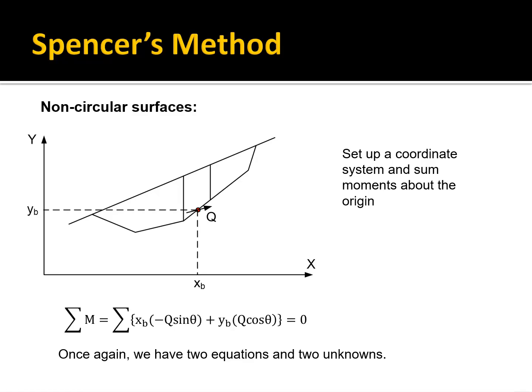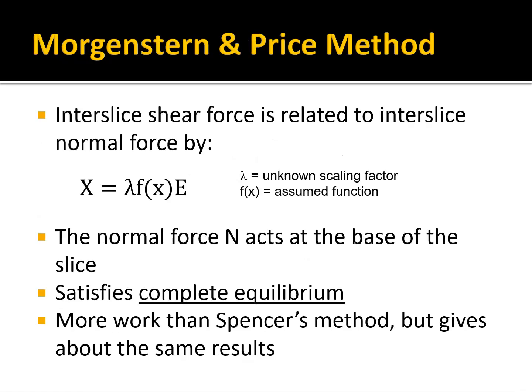Again, as I mentioned before, it works great. It's very popular. But there are other complete equilibrium procedures. There's the Morgenstern and Price method, which basically, instead of assuming that the side forces all act at the same inclination, derives a relationship between the shear force X on the side and the normal force E, which is a scaling factor times some assumed function.